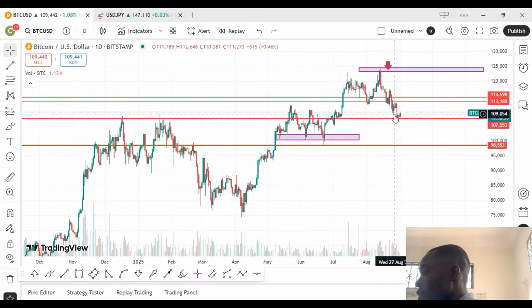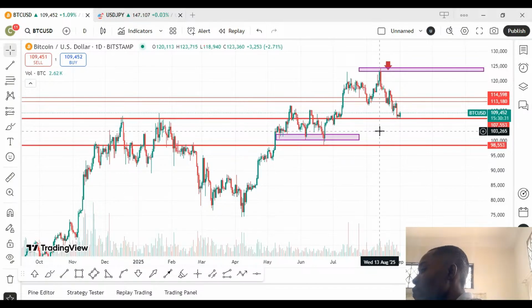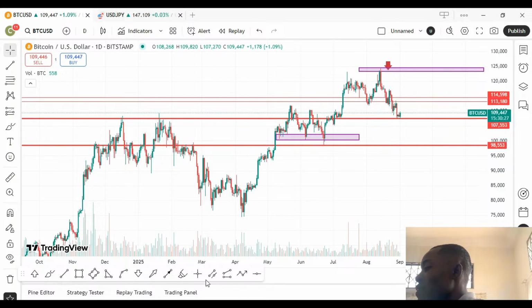Once the market hits that particular area, if, let me say, you place a limit order over there, because of liquidity sweep or liquidity hand, what can happen?